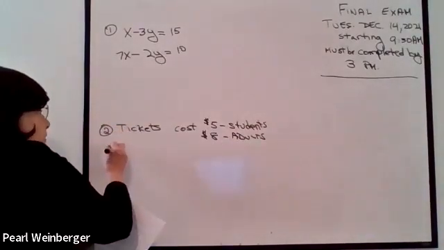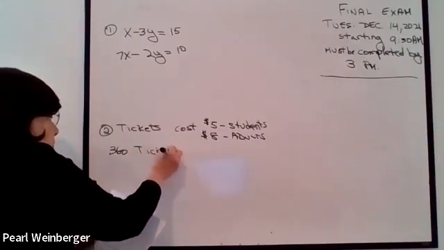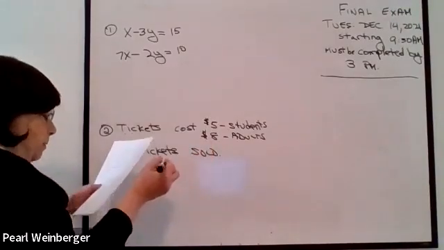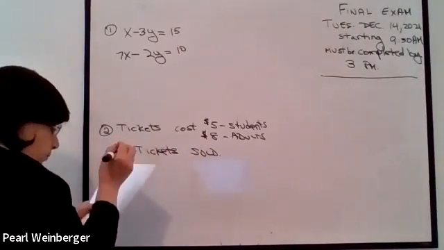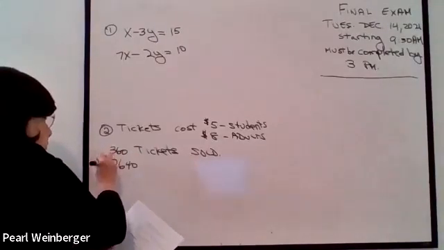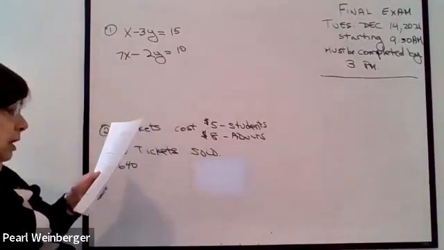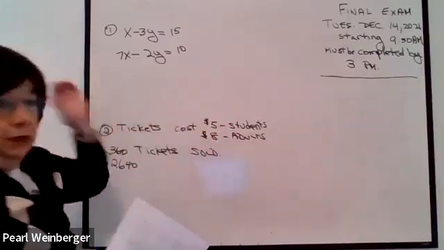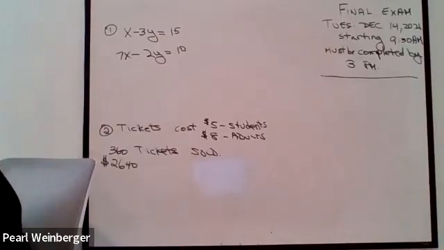A total of 360 tickets were sold, and the amount of money they made from selling these 360 tickets was $2,640. We want to know how many student tickets were sold and how many adult tickets were sold. Okay, so I'm going to give you again a few minutes to try these problems out.